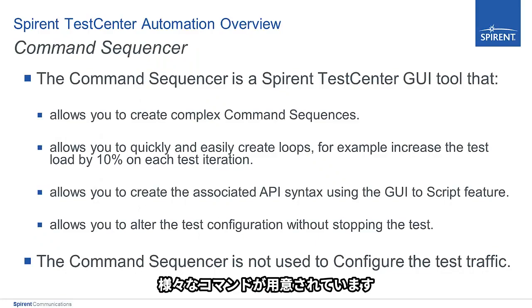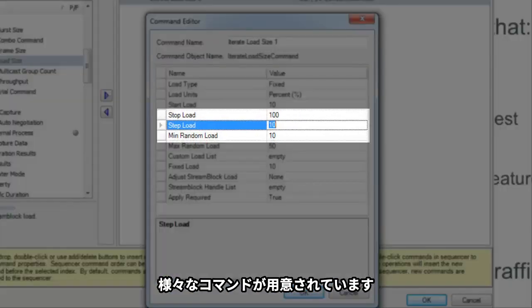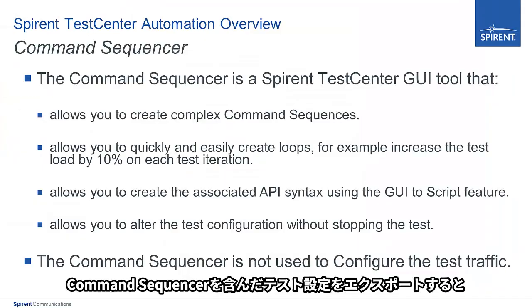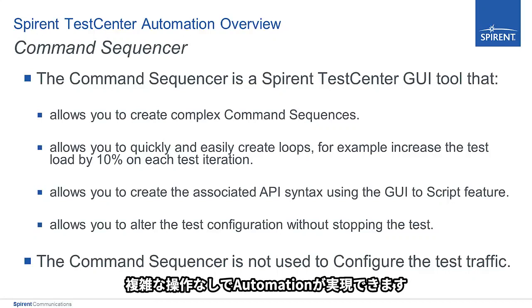For example, increase the test load by 10% on each test iteration. Once again, you're using a pull-down menu to create this structure. It allows you to create the associated API syntax using the GUI to script feature. Once you've quickly and easily created this complex sequence of commands, now all you need to do is click the button and those commands become TCL script.